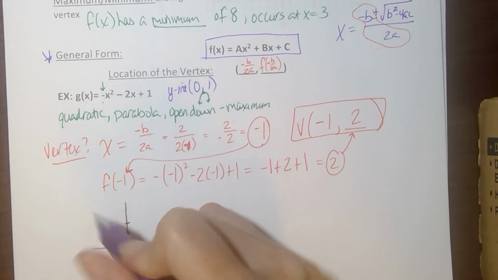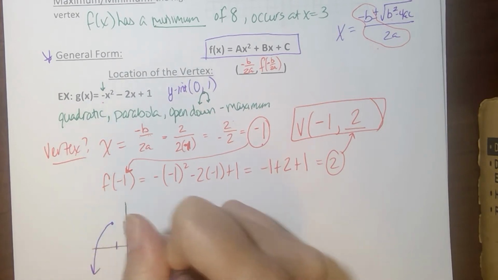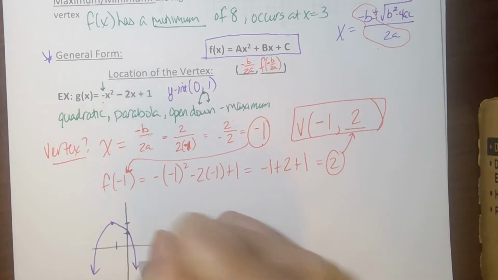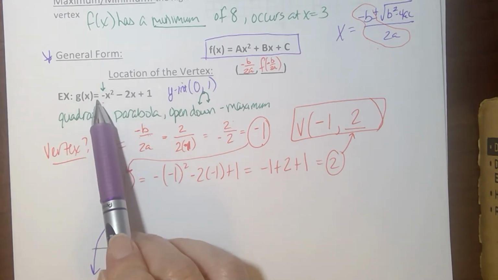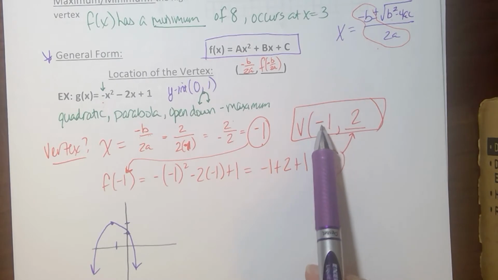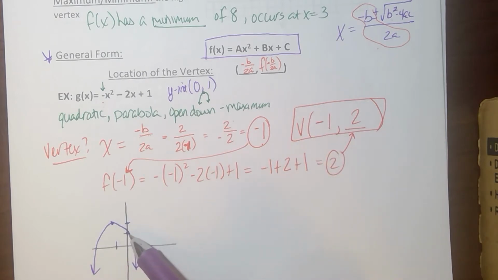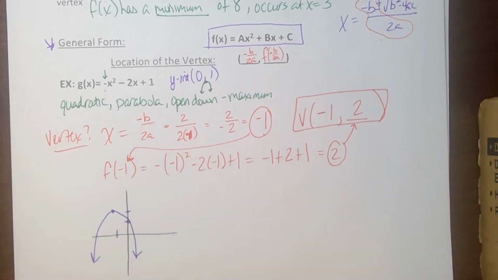I'm not going to take the time right now to calculate our x-intercepts, but I see that I have 2 x-intercepts. One is going to be a negative value, and one's going to be a positive value, based on where the vertex is and where that y-intercept is. How did I know for sure that it opens downward? That negative out front. It's confirmed by the location of the vertex in relation to the y-intercept.